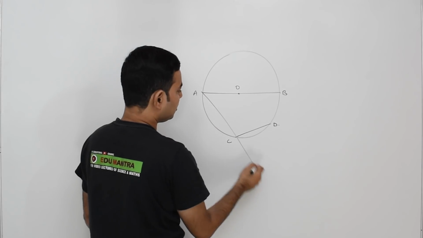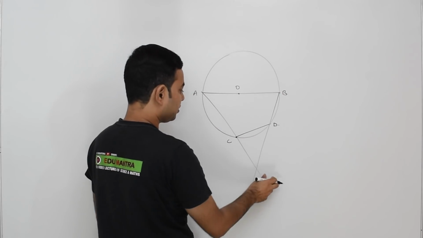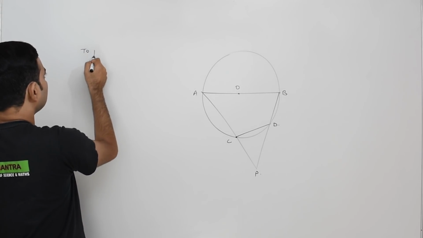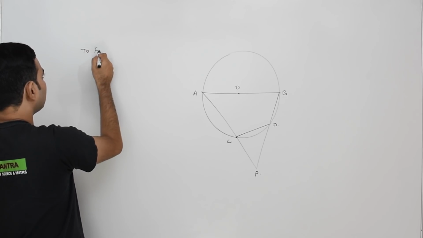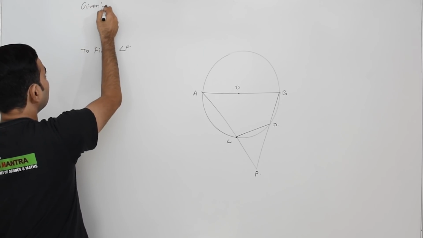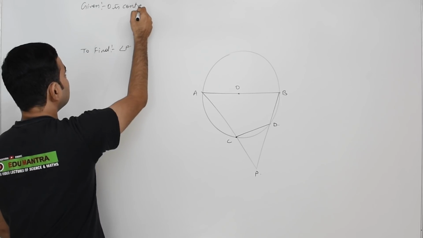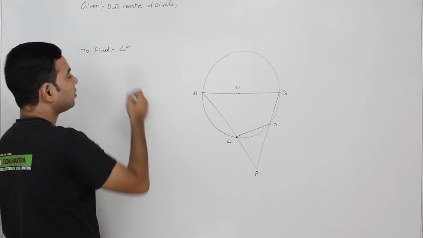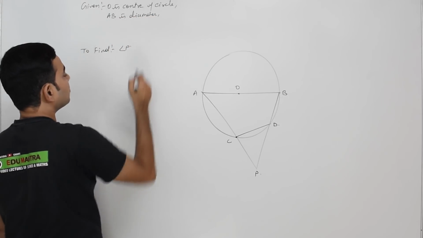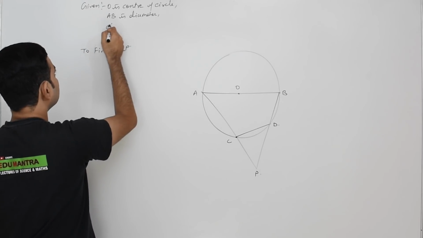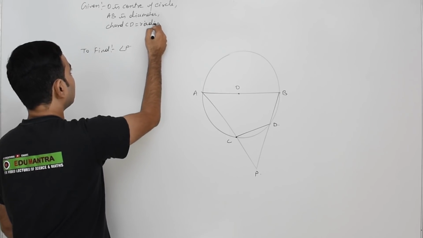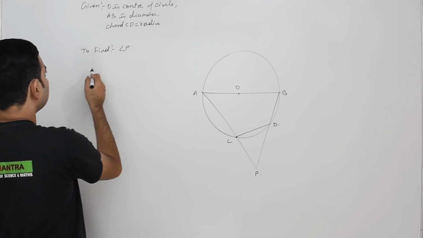Then AC intersects BD at P. Then you have to find angle P, given O is the center of the circle, AB is the diameter, CD is a chord equal to the radius.